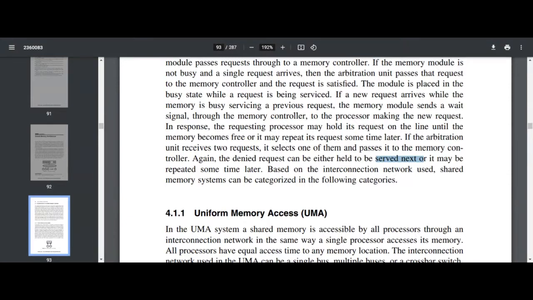By the method of a queue, you can have processors 1, 2, 3 served one by one. If it is not queue based, if it is selection based, they can select a time, like when this process will end.